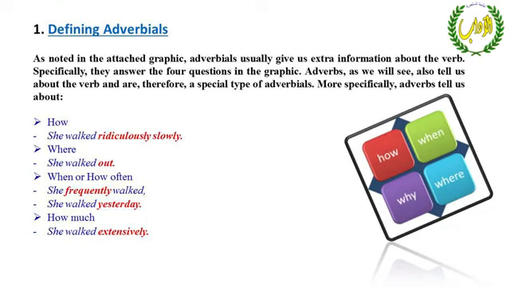More specifically, adverbs tell us about where, as in she walked out; how, as in she walked ridiculously slowly; when or how often, as in she frequently walked, or she walked yesterday; or how much, as in she walked extensively.